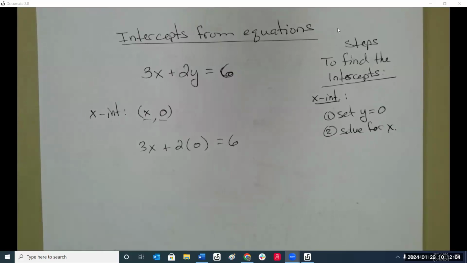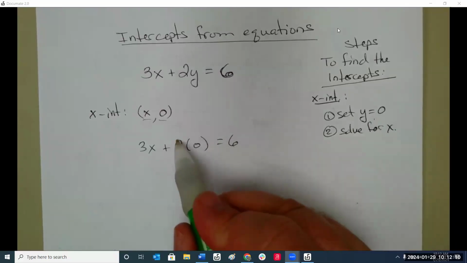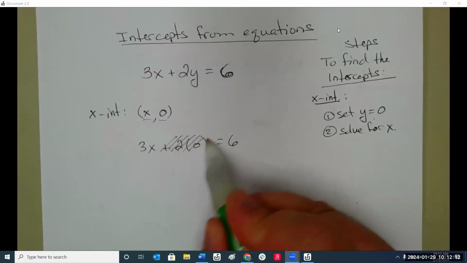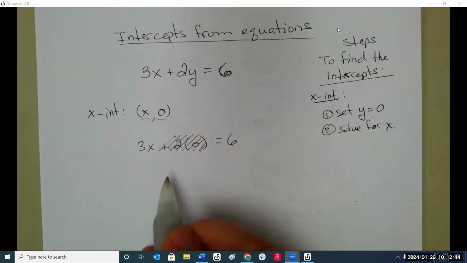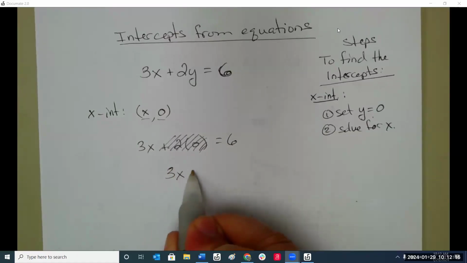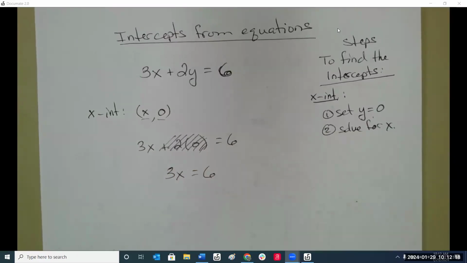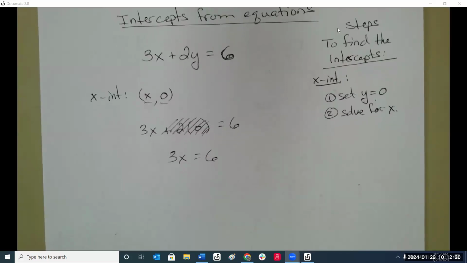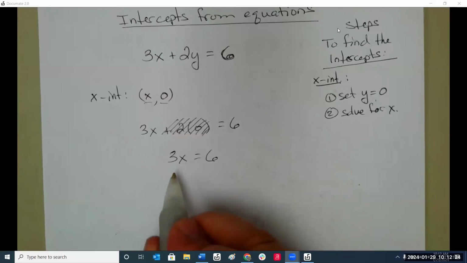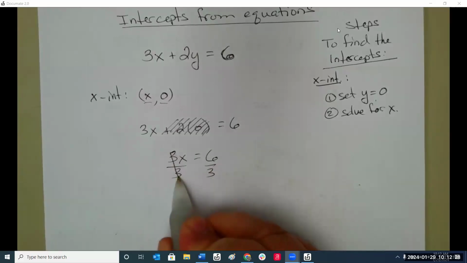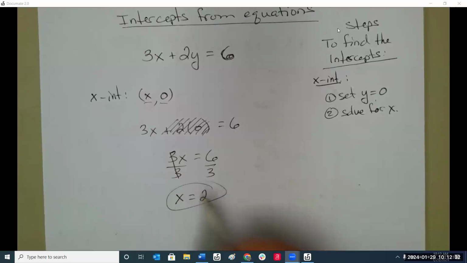I just want the x value, so I get rid of the y value. 2 times 0 is 0, that disappears. So what do I have to do to solve for x? Divide by 3. 6 divided by 3 is 2.